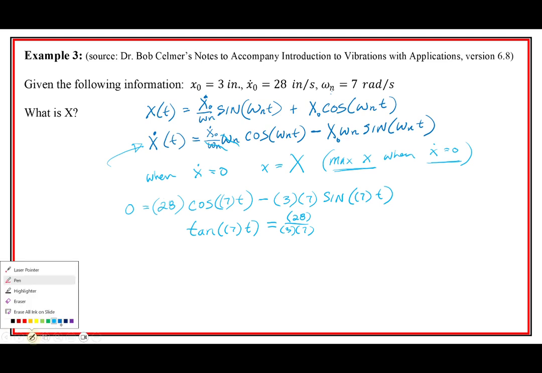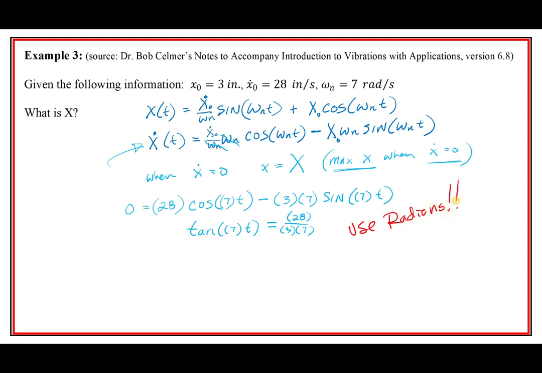Let's write that in red: use radians in your calculator. We take the inverse tangent of this value and find that t occurs at 0.1325 seconds.